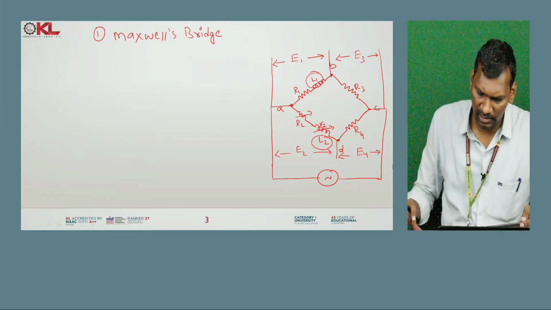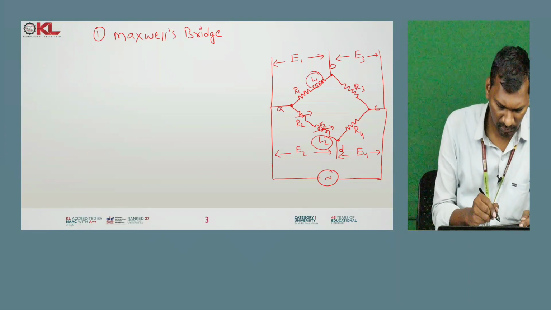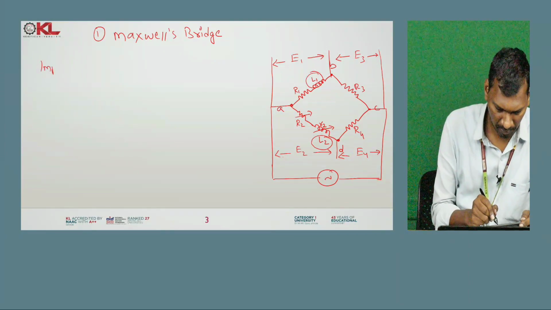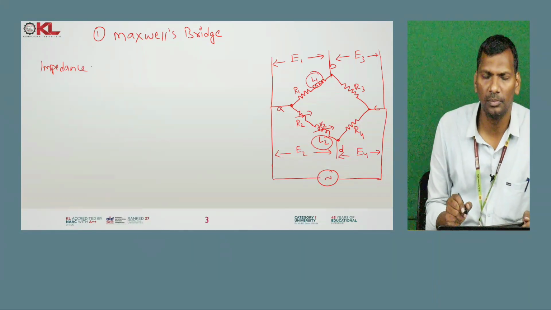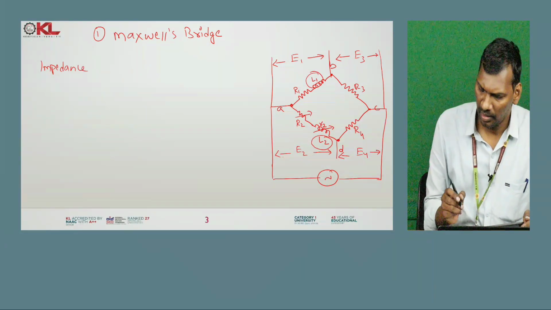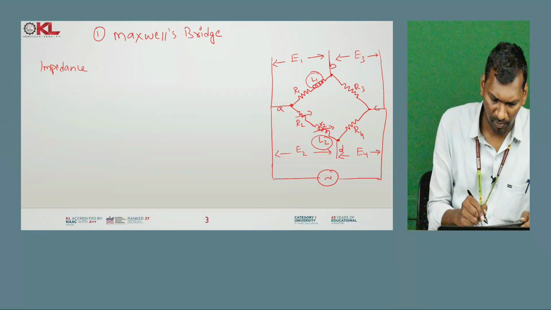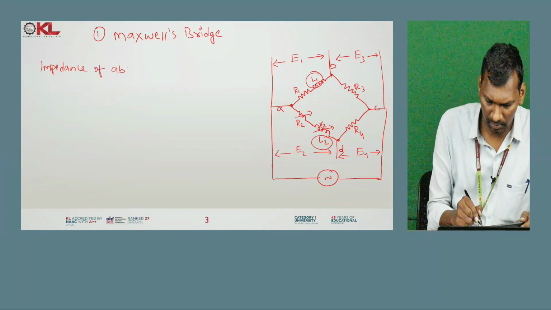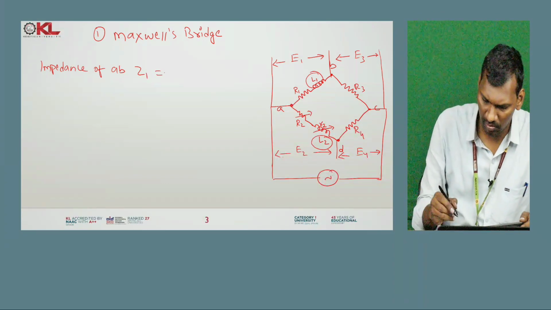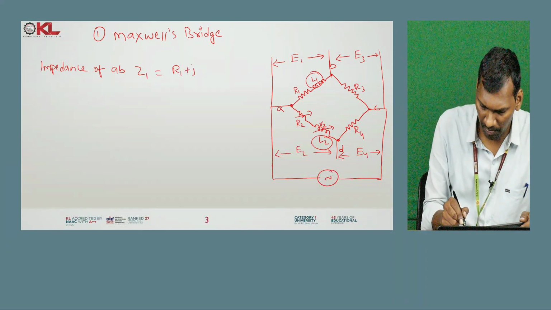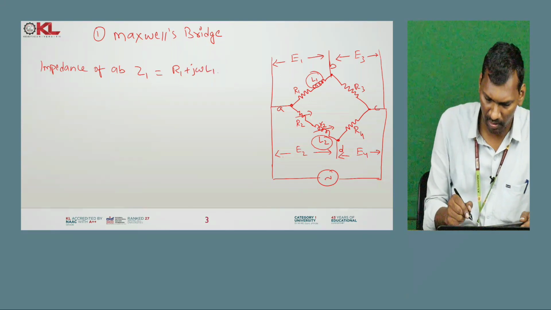But now let us see the impedances for this one. Impedance of arm AB, let us consider that is Z1, which is equal to R1 plus j omega L1.